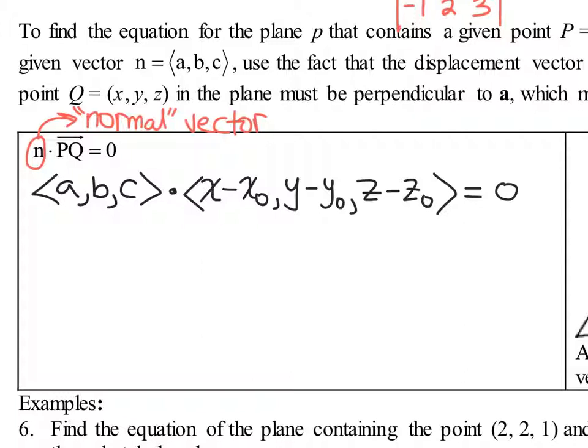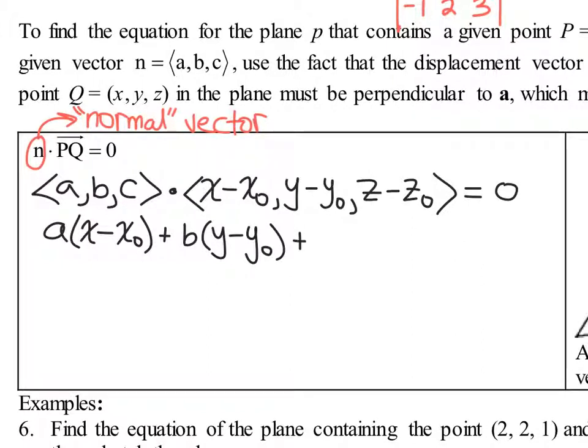Dot product just means multiply corresponding parts. So a times (x minus x sub O). It's a scalar product, so I could use ordinary parentheses. Plus b times (y minus y sub O), plus c times (z minus z sub O).